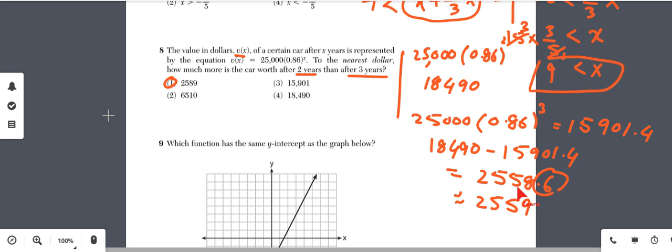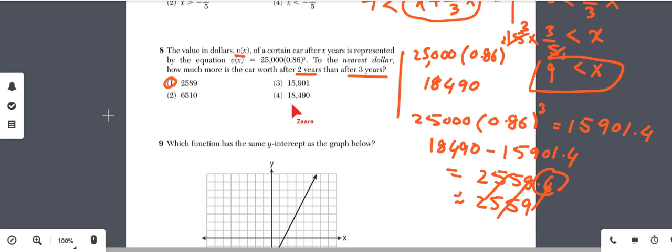If you just check your work again, let me verify it. 25,000 times 0.86 raised to the power of 3, and 0.86 raised to the power of 2, minus 25,000. Sorry, my subtraction was wrong.